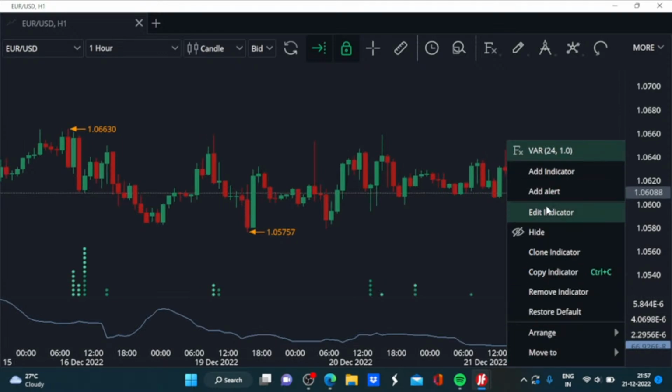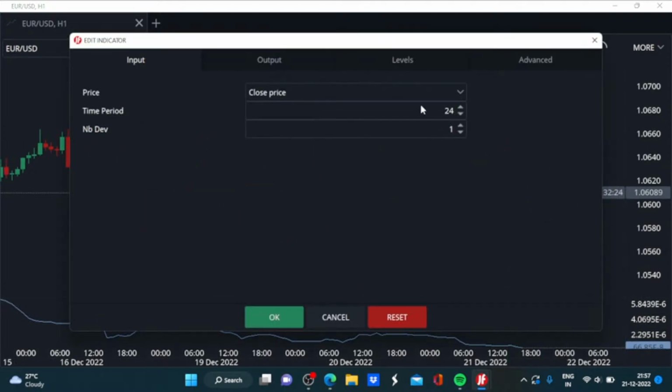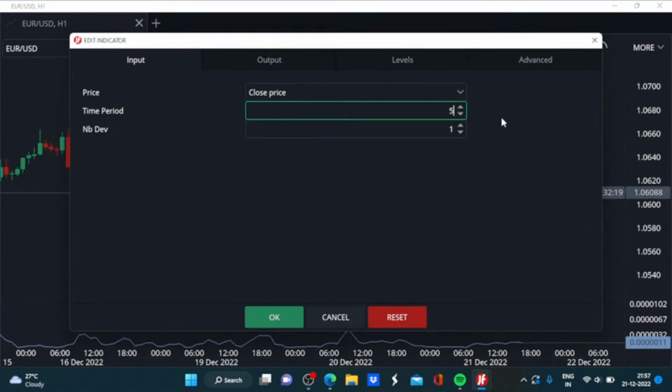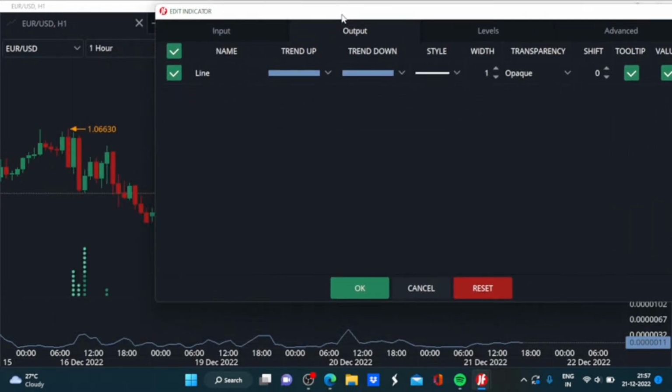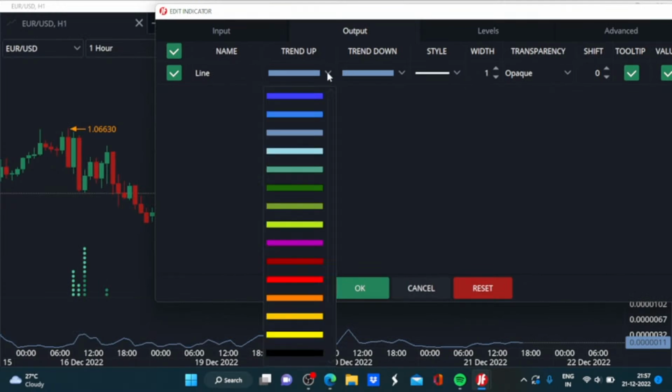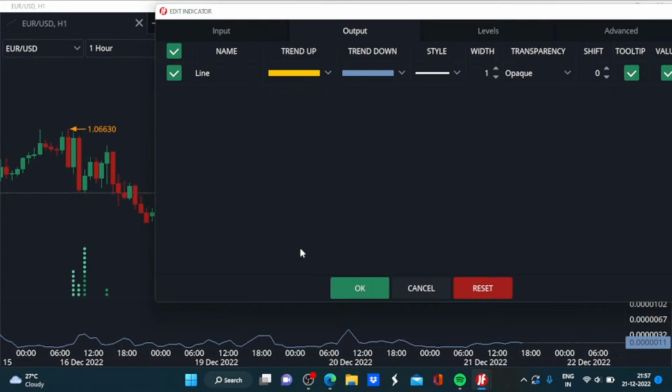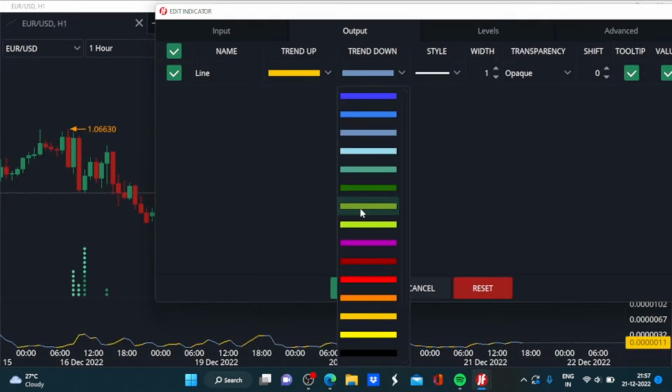Now I will revert back to the default of 5. The output can be kept in the same color combination, or if you feel like, you can always change and opt for different color combinations also.